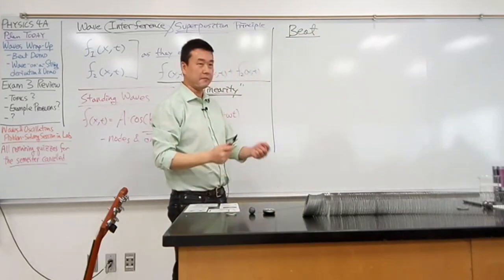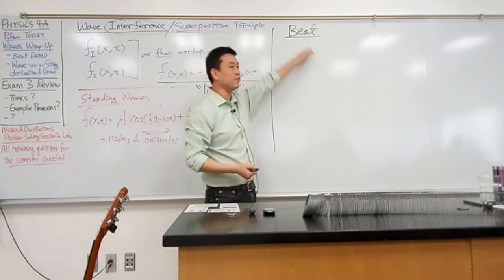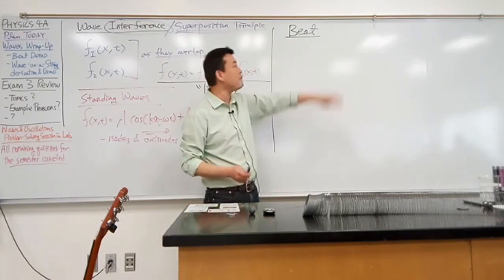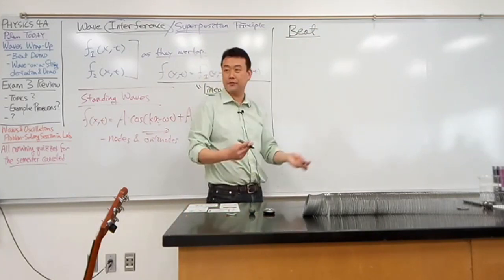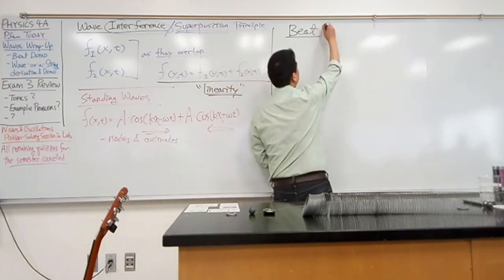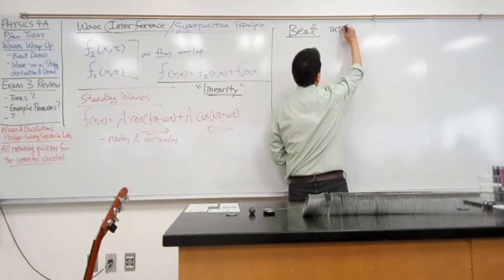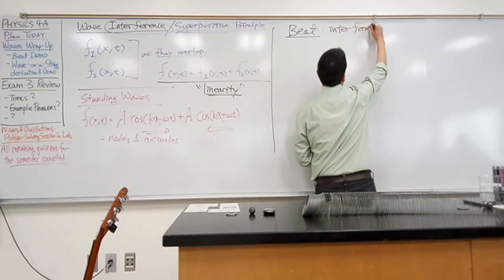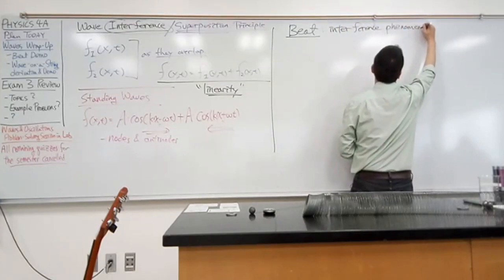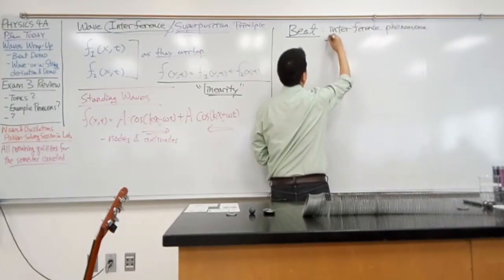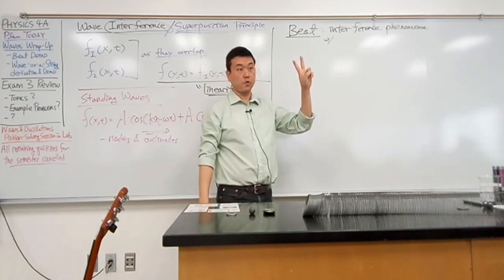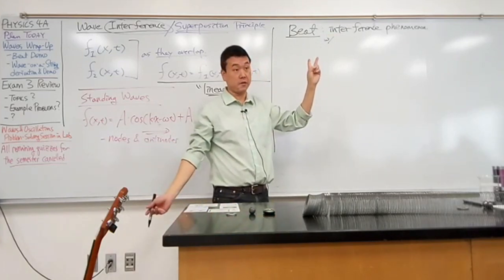I won't ask what beat means to you, because, like heartbeat, the way we are going to use the word beat has nothing to do with those. So beat is an interference phenomenon that happens with two sources of wave, or two sources of oscillation even.